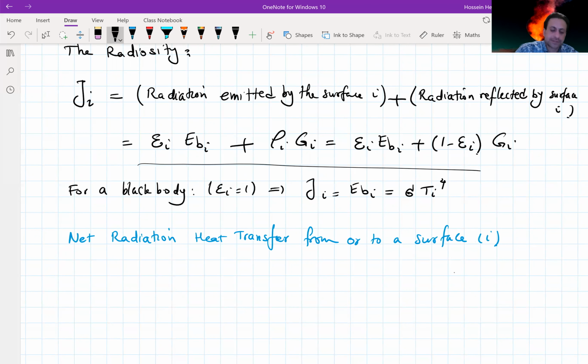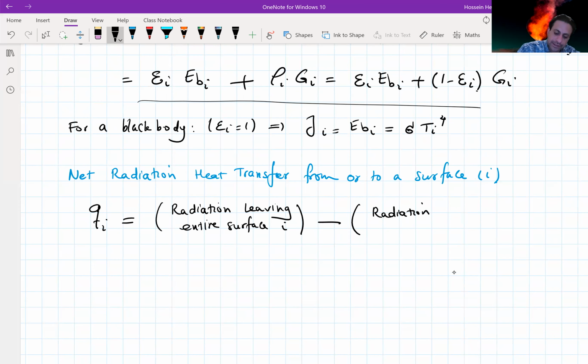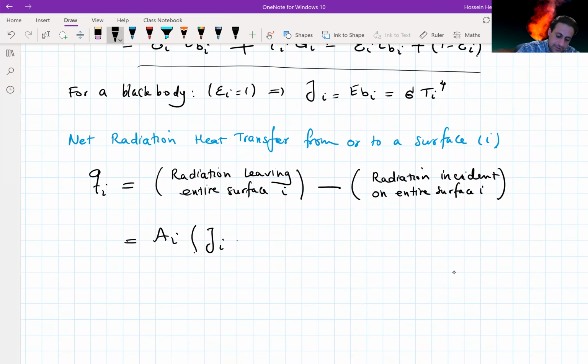So the net radiation from a surface or to a surface, let's show it by Qi, is the radiation leaving the entire surface I minus the radiation incident on, or received by, the entire surface I. So what is leaving the entire surface is Ai times what is leaving, the radiosity Ji, minus what is being received, the incident Gi.